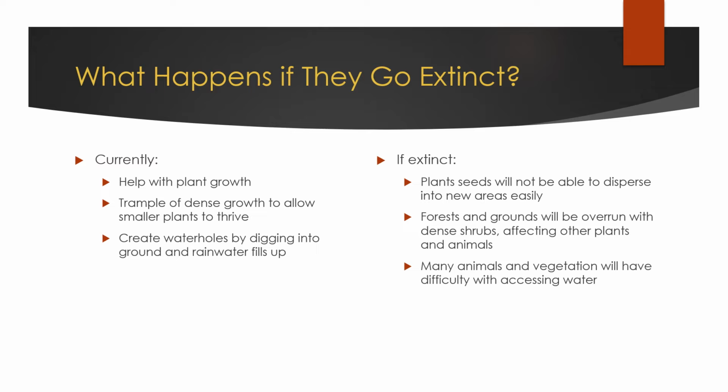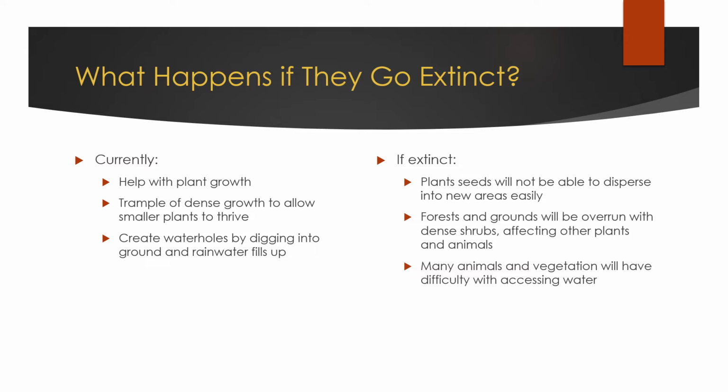That helps a lot of variety of trees and plants to disperse their seeds. Otherwise, they would have to rely on other methods, like waiting for other animals to eat their fruits or the wind to carry the seeds. And since these animals travel in such large herds, they are able to step on very dense growth grasses, which allows smaller plants to grow and thrive.